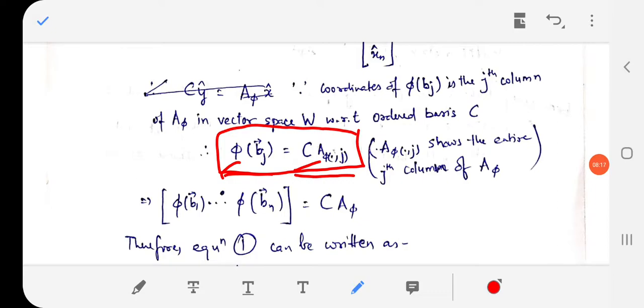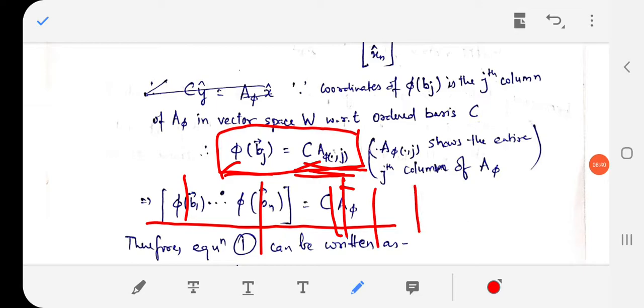So ultimately, if you accumulate all the columns of A phi, you will get this, because you have phi b1, phi b2, up to phi bn like this, and then A phi has so many things, exactly like phi b1 up to phi bn.